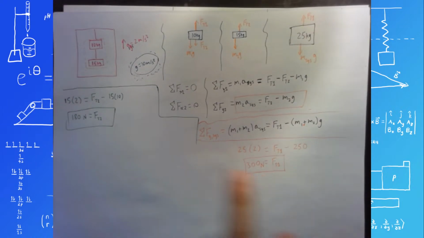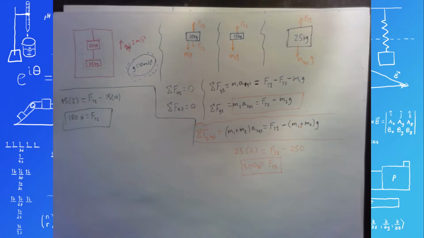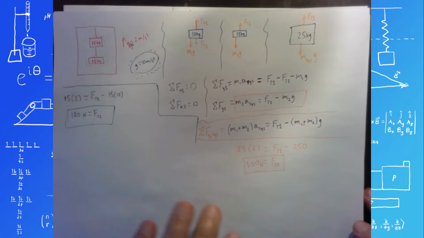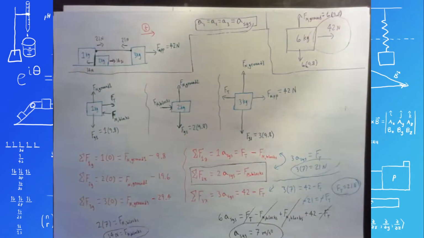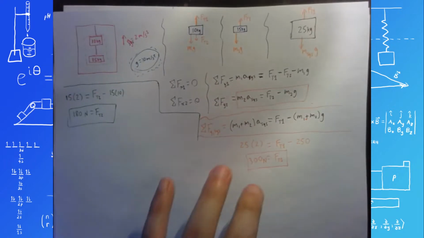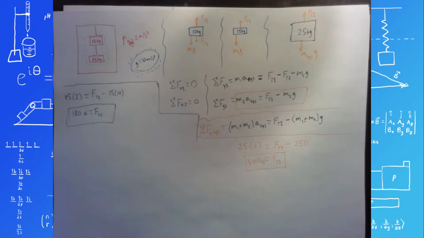Okay, so 300 and 180. Now let's go ahead and do that sort of proportion check that I alluded to over here. So the total external force on these objects, well, we know it's evenly distributed as far as the gravitational force is concerned.